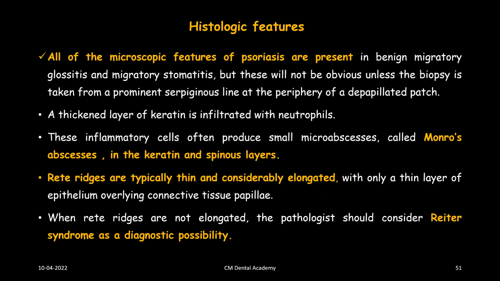These inflammatory cells often produce small microabscesses, which are called Munro's abscesses. These are present in the spinous layer. Rete ridges are typically thin and considerably elongated, with only a thin layer of epithelium overlying connective tissue papillae. When the rete ridges are not elongated, the pathologist should consider Reiter syndrome as a diagnostic possibility.